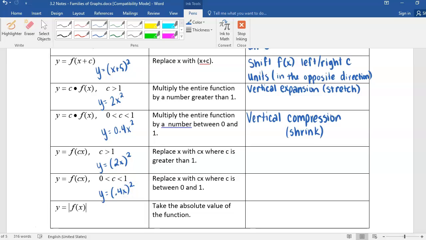So we're still talking about multiplying, but our number's on the inside of the parentheses instead of the outside. And everything on the inside of the parentheses is kind of backwards from what you would think it should be. So both of these are going to be expansions and compressions along the x-axis, so they're horizontal. So we're either stretching out a graph this way or we're squishing in a graph this way. So they're both horizontal.